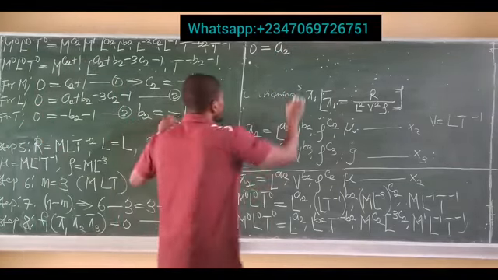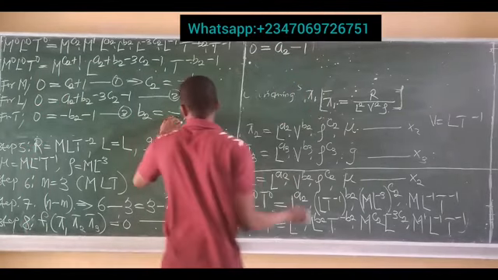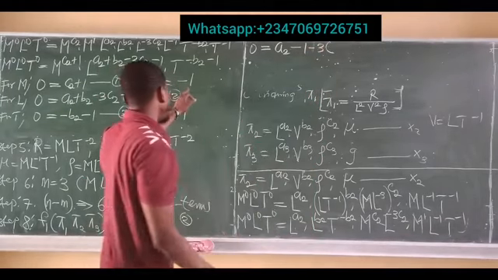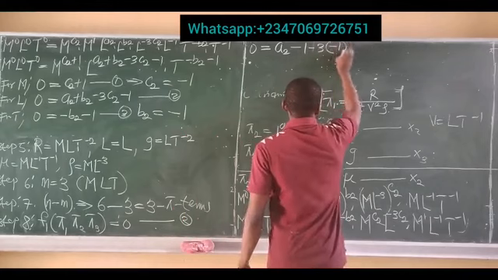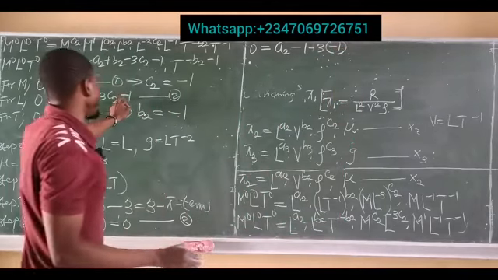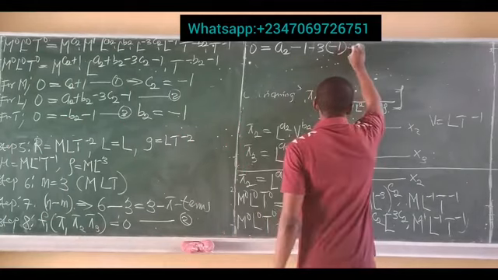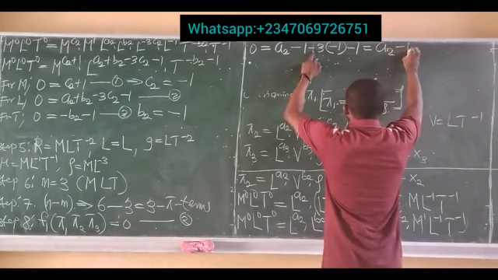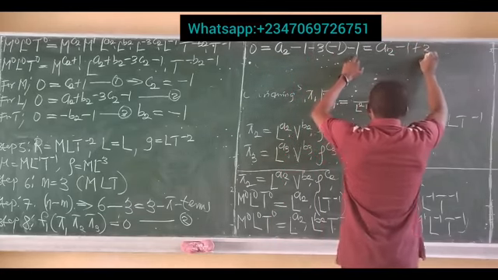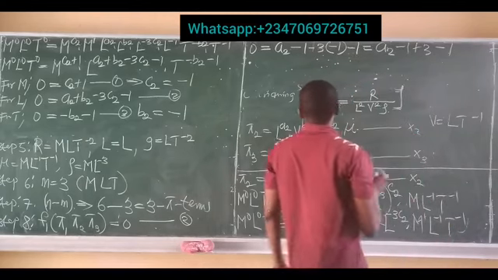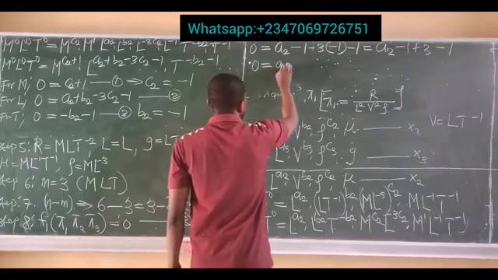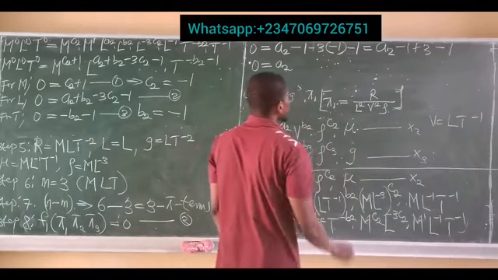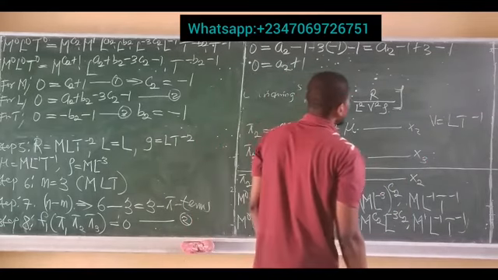B2 is minus 1, so it becomes minus 1, minus 3C2, C2 is minus 1, so times minus 1, not forgetting minus 1 over here. So this is now equal to A2 minus 1, minus 3 times minus 1 is plus 3. Put down your minus 1 over here. So 0 is equal to A2 minus 1 plus 3 minus 1, which should give us plus 1.